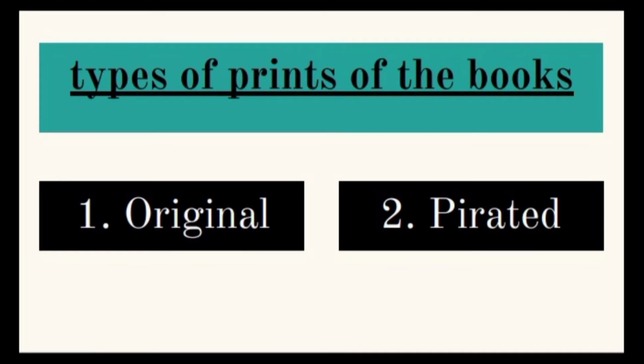Speaking of which, there are 2 types of books according to their prints. The ones with original, good quality, thicker and softer pages are the original books, while the books with rougher, thinner, slightly lower quality pages are the pirated ones.